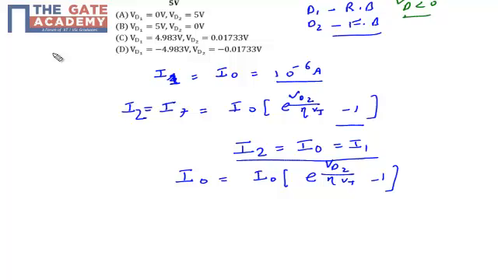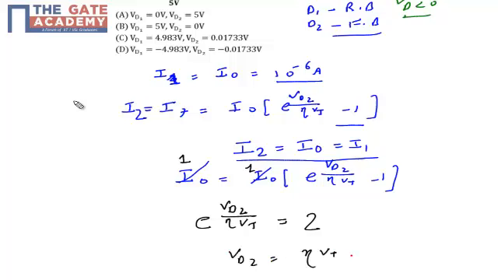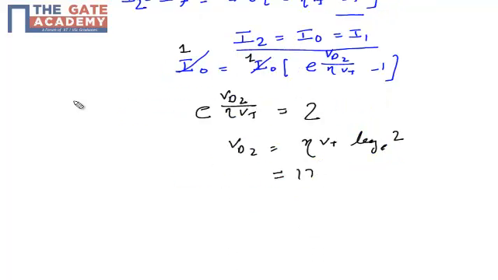I can cancel I0 with I0, and further simplify this expression: e raised to the power VD2 by eta Vt is equal to 2. Or you can further simplify this as VD2 equal to eta Vt times ln 2, which is approximately 17.32 millivolt.